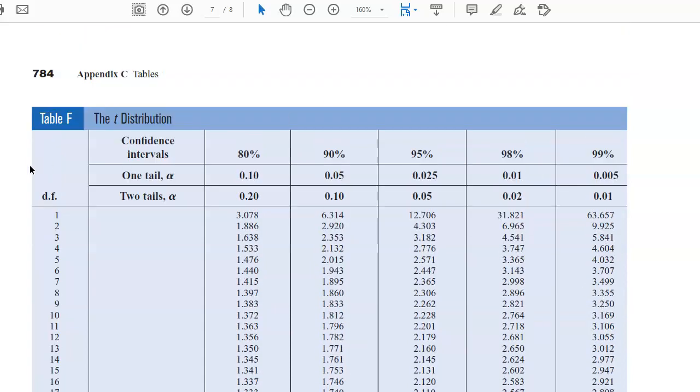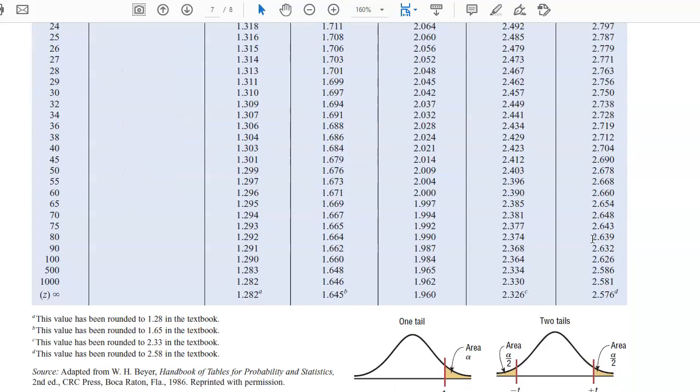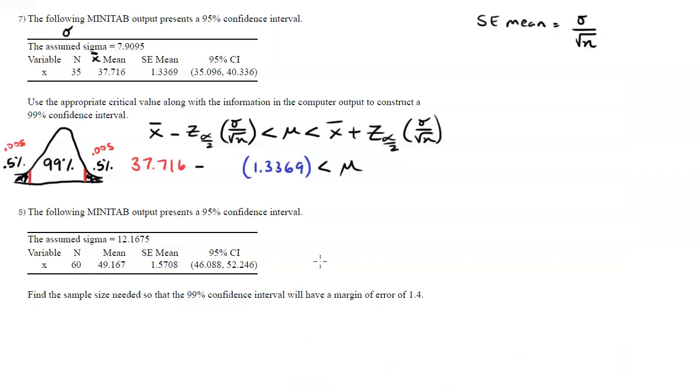So the quick way: for confidence intervals, regardless of whether you're using z or t, go straight down to the t-distribution. Find the confidence interval we're interested in, 99%, and all the way down to the bottom, 2.58. So that's actually our critical value there. 2.58, negative 2.58. And that's what goes in here.